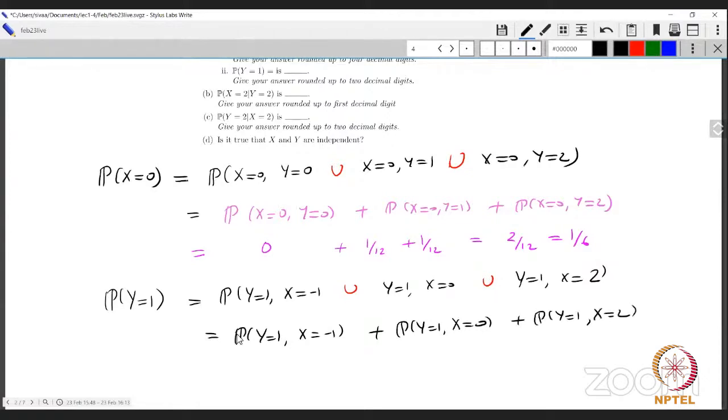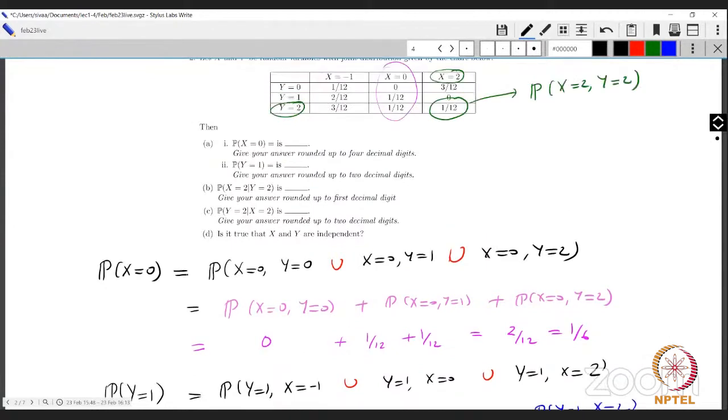Let me just mark this whole thing in blue so it's clear what we're trying to compute.